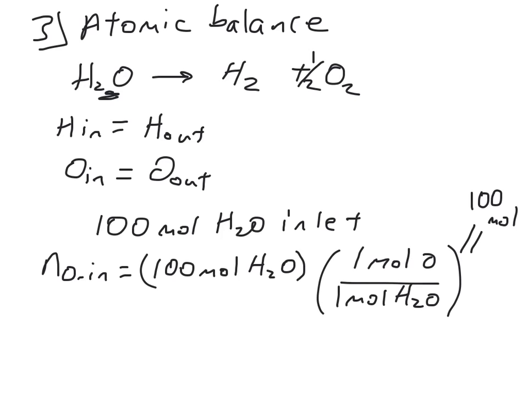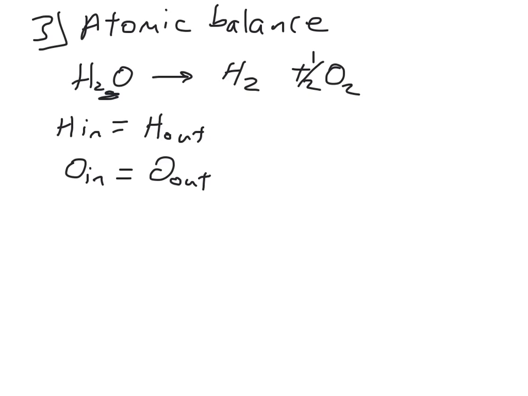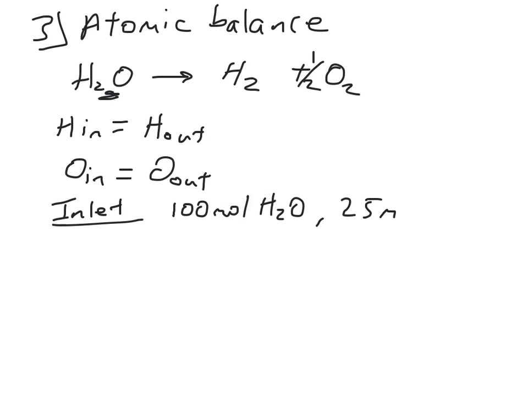So let's just assume that we have some oxygen coming in as water and as oxygen molecule. In this case we have an inlet of 100 moles H2O and 25 moles O2. So that's our inlet, and we want to know how many oxygen atoms are coming into our system.